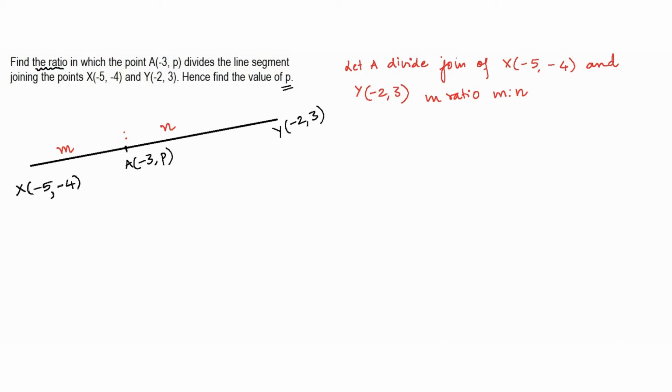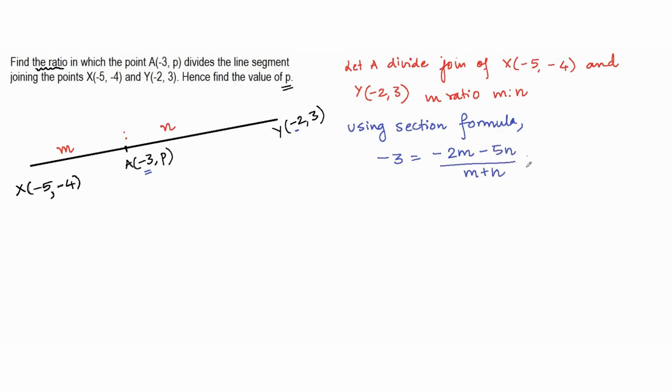Now using the section formula, I can frame two equations. The first equation is using the x coordinate. The x coordinate of A is -3. So -3 is equal to n times the x coordinate of Y, that is -2m, plus the x coordinate of X multiplied by n, that is -5n, divided by m plus n.